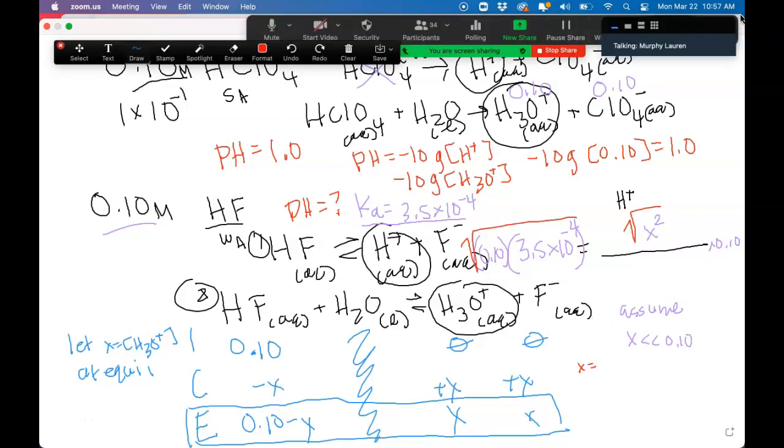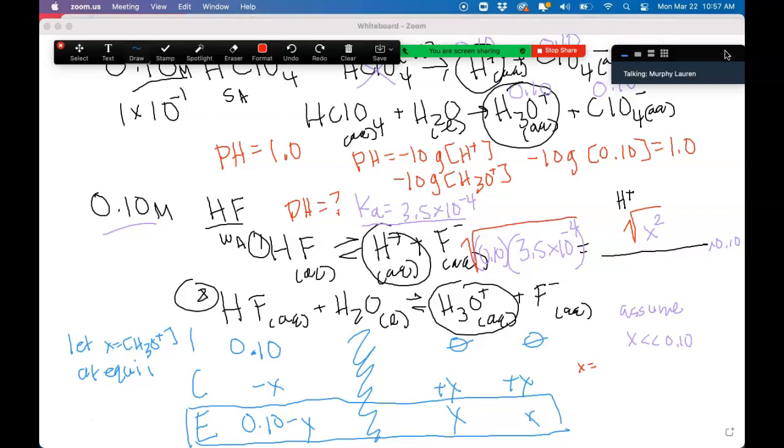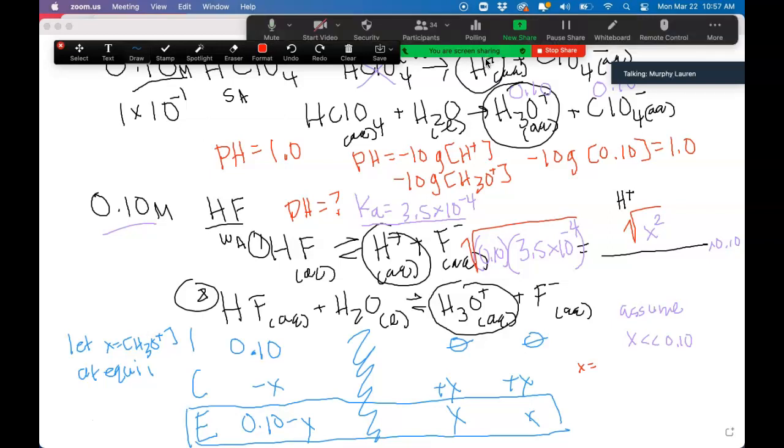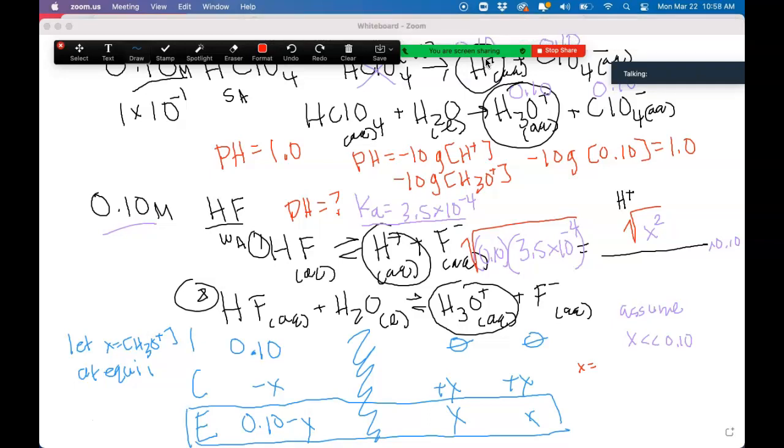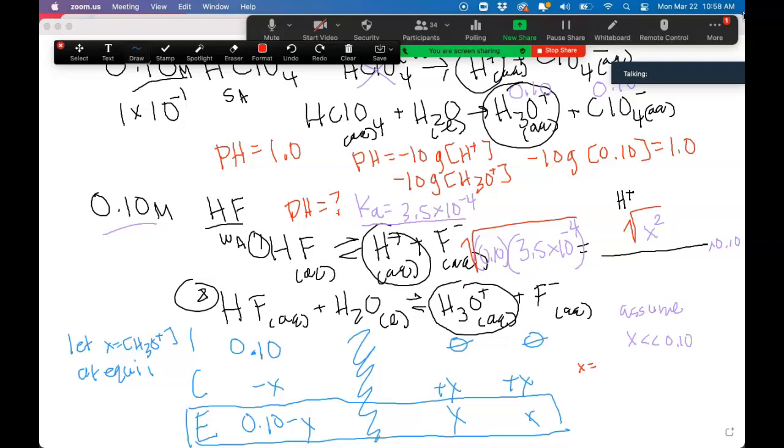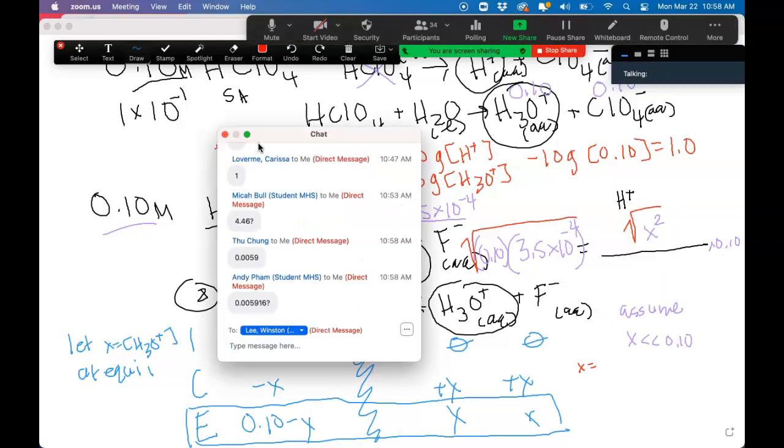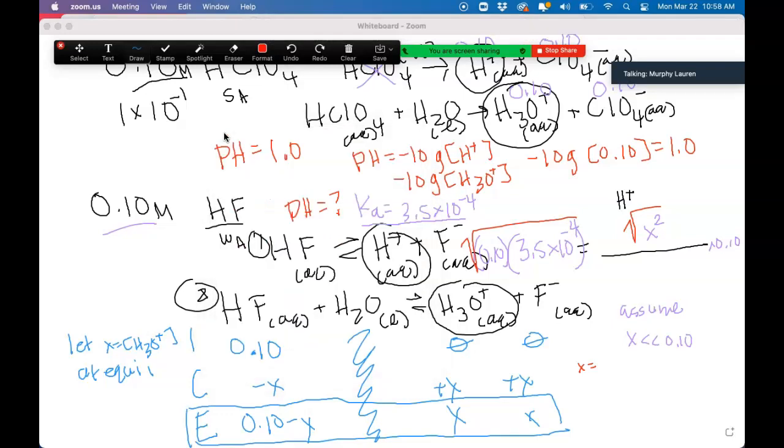Anybody have a number? Does it have a 5 in it, like 0.05 something? 0.005916. Okay, perfect. So just keep the whole number in your calculator.